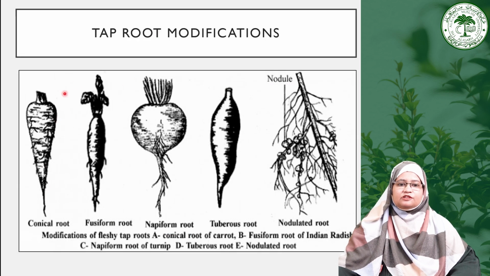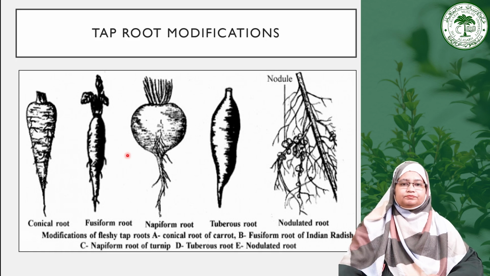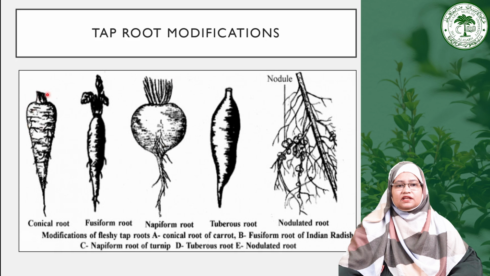As you can see in this image, these four are the modifications of taproot for storing food material. All these roots store food material, but depending upon their shape, they have different names.